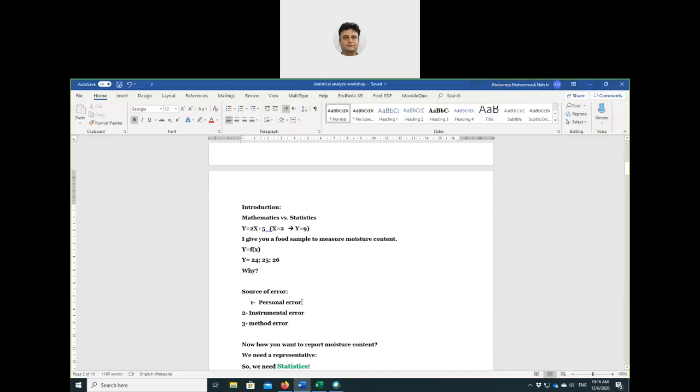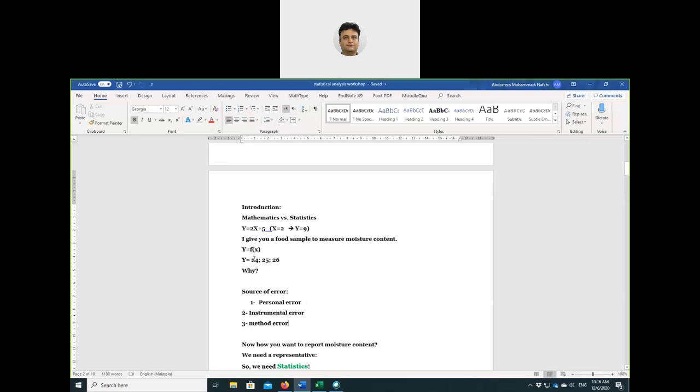But mainly, when we measure in a practical method, we cannot reach the same data.